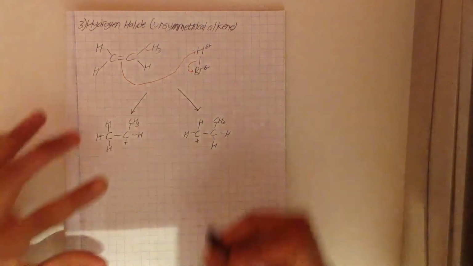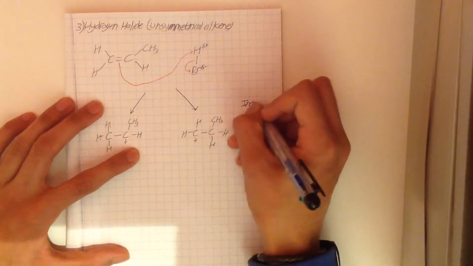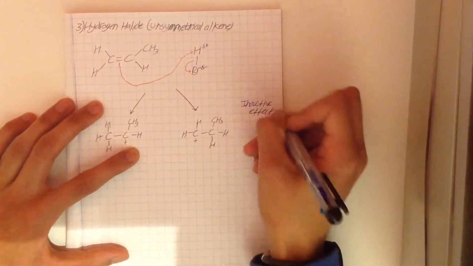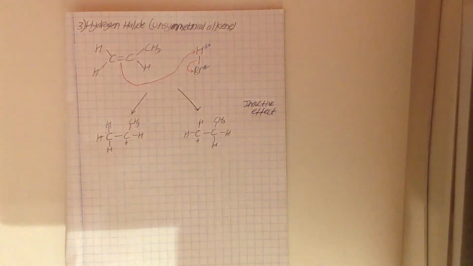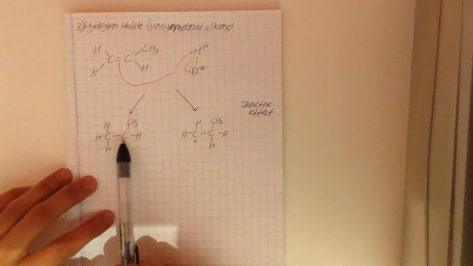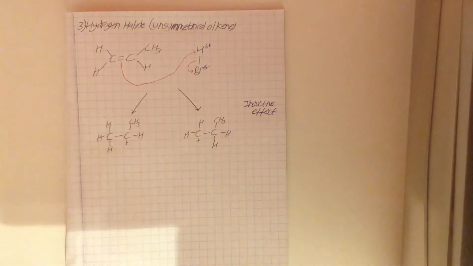Now, that's a rule, you can follow that, but in proper terms, I'm going to explain why that is, and that's because of the inductive effect. It's about the carbocation being stable. This carbocation is attached to 2 carbons, as you can see. That carbon is missing a bond, and it's lacking those electrons.